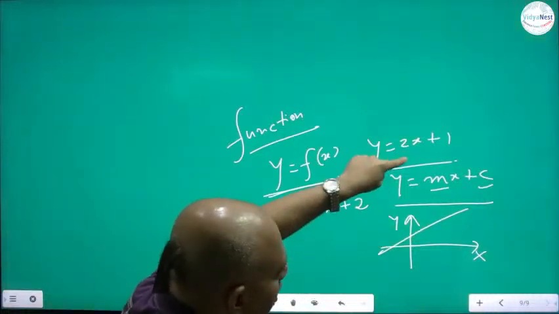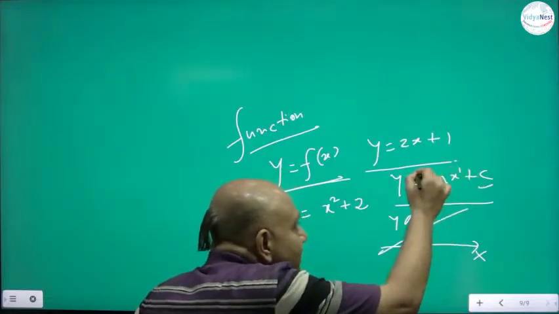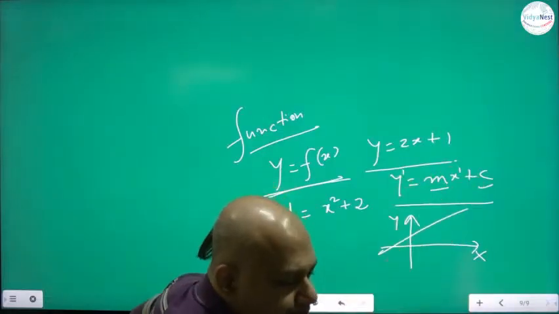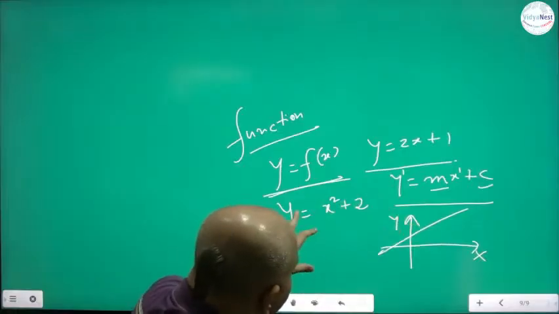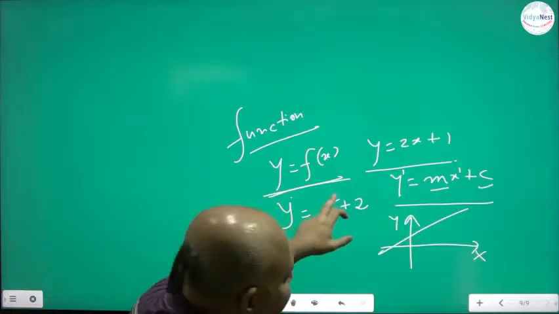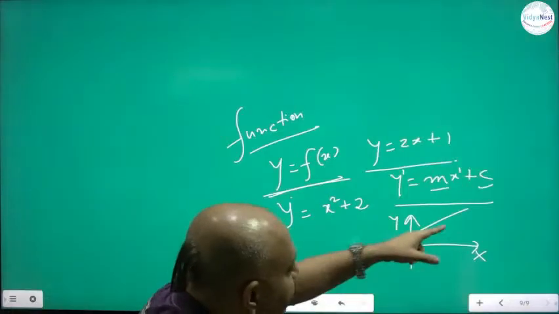Now, when is a straight line graph possible? When the power of x and the power of y are both 1, then the graph will be a straight line. But when y has power 1 but x has power 2 or 3, 4, whatever, I cannot get a straight line.